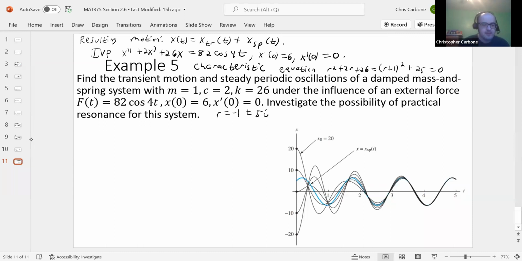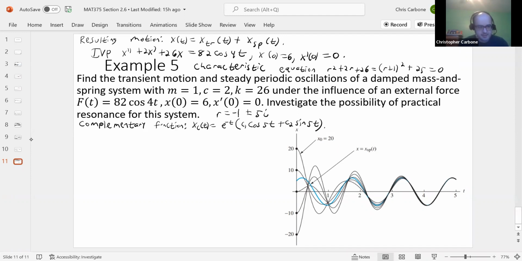So from this, our complementary function x sub c of t is e to the negative t times c sub 1 times the cosine of 5t plus c sub 2 times the sine of 5t.